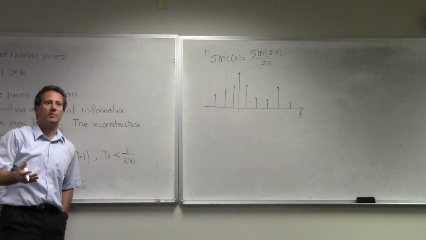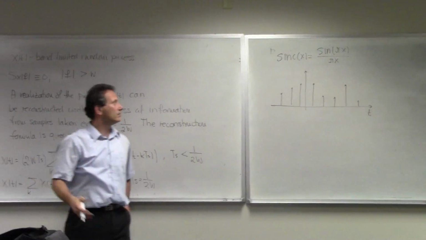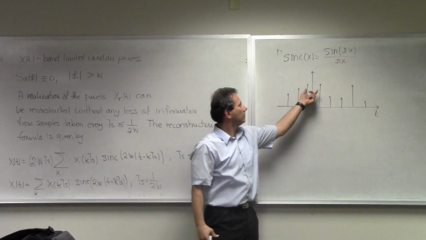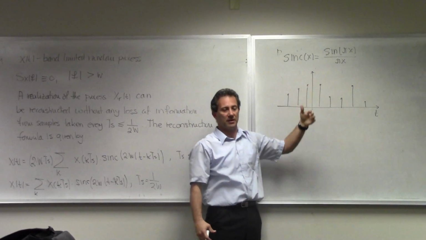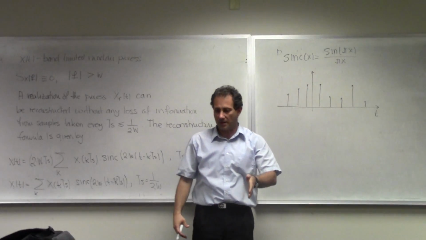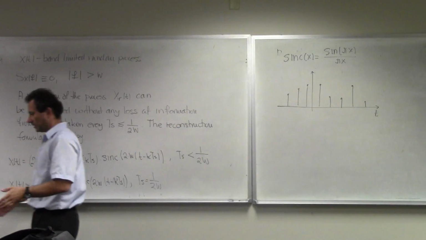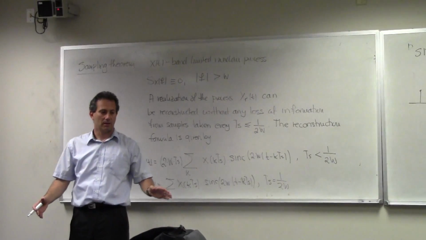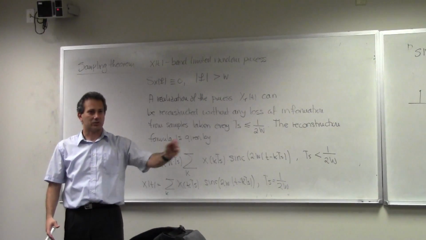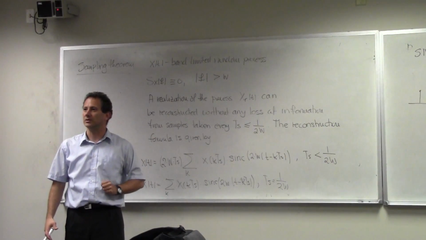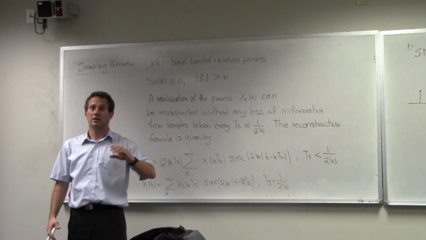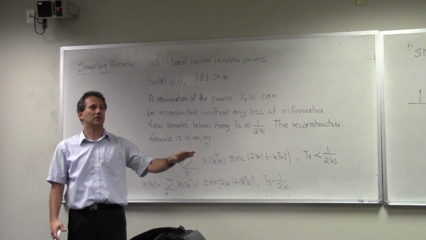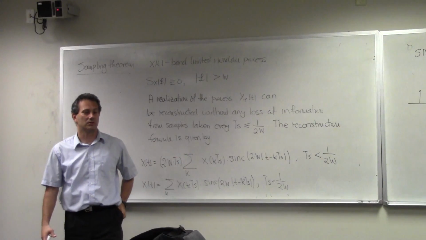Did I lose any information by getting rid of infinitely many points in between those two samples? If I know the value of the signal now and the value of the signal here, can I reconstruct what happened in between these two points? And can I do that with certainty, or have I lost certain information?